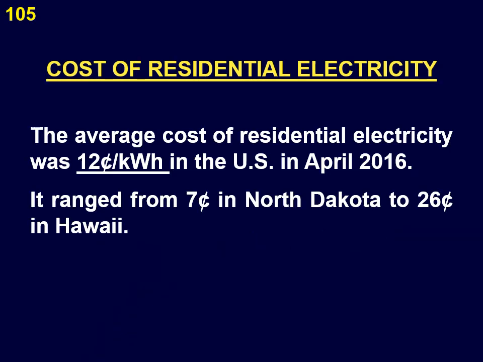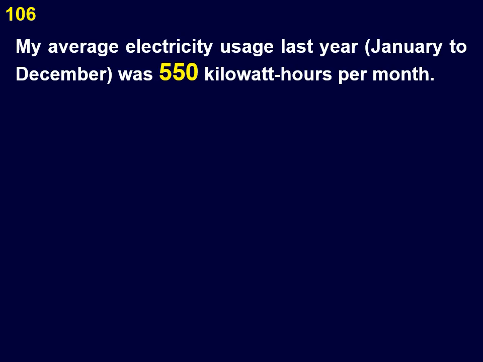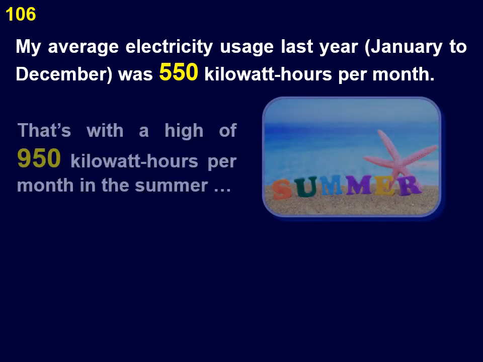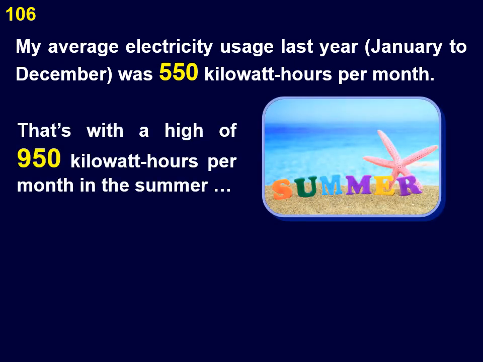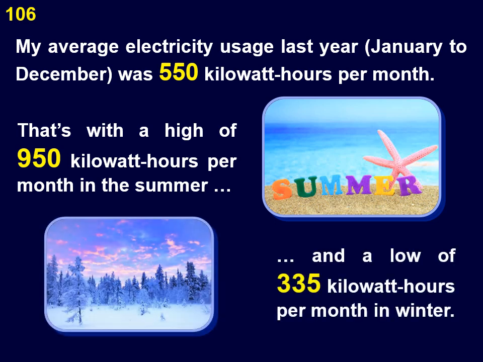The average cost of residential electricity was 12 cents per kilowatt-hour in the U.S. in 2016, and ranged from 7 cents in North Dakota to 26 cents in Hawaii. My average electricity usage last year, January to December, was 550 kilowatt-hours per month.